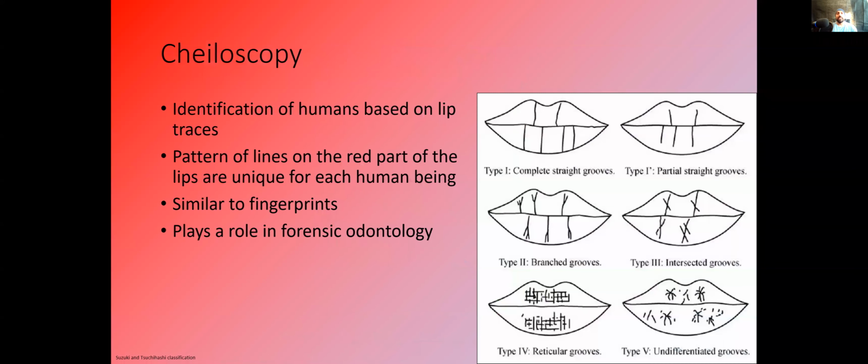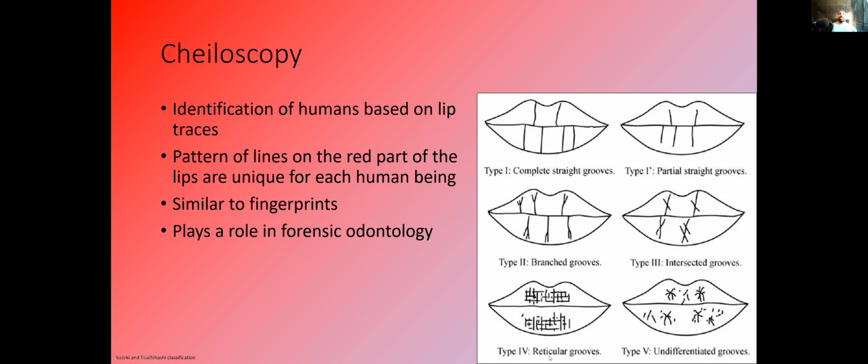Just a couple of interesting slides here. So this is cheiloscopy, and I'm not sure if some of you know what that is, but essentially it's forensic odontology. Just like in forensics, everybody's fingerprint on this planet is different. Everybody has a unique genetic fingerprint, and in the same way, the lips are also unique. Everybody has a unique set of lips, and hence they can be used in forensics as well.